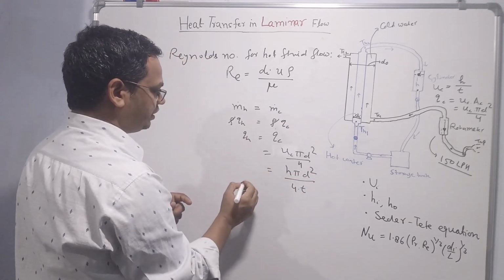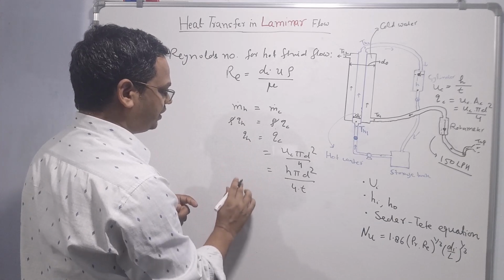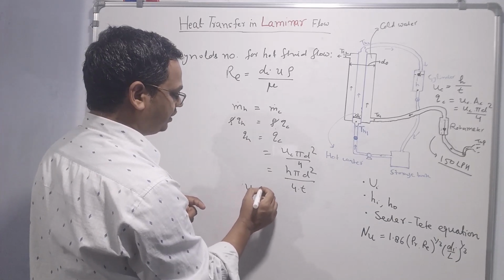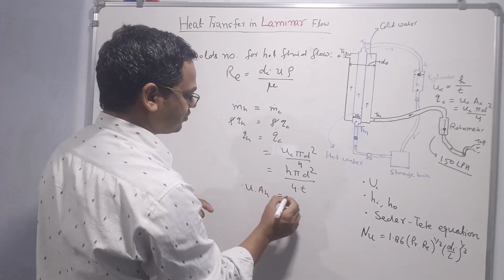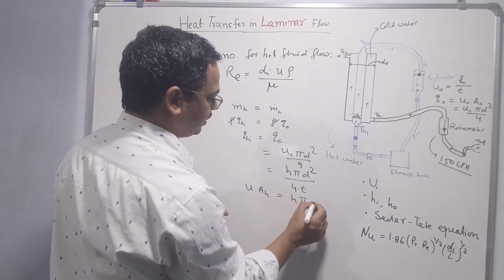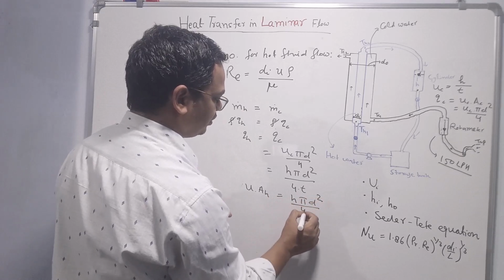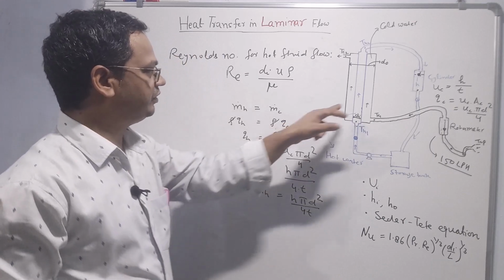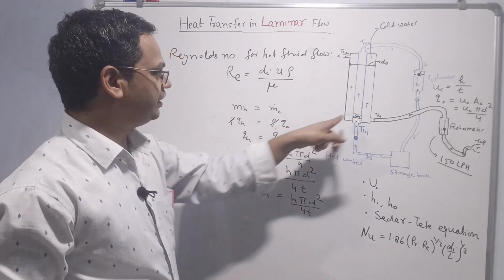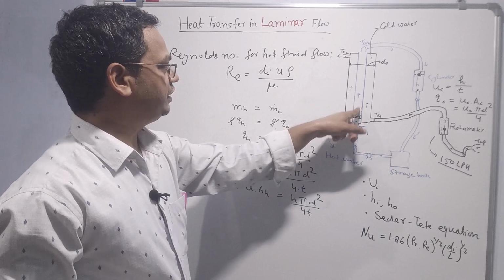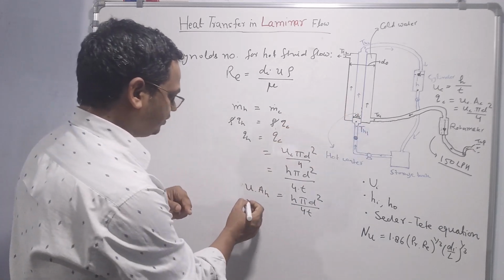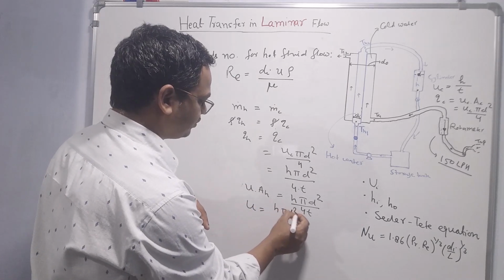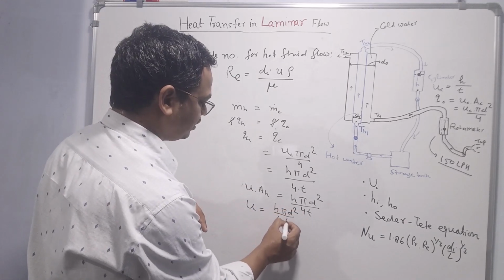And QH can be written in terms of velocity and area, U into area AH, equal to h pi d square by 4t. U is the velocity of the fluid inside this pipe. AH is the cross sectional area of the inner pipe in the direction of flow. So U can be written as h pi d square by 4t into AH.